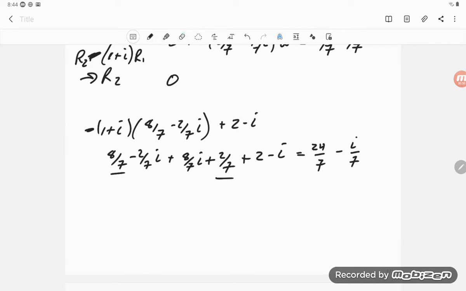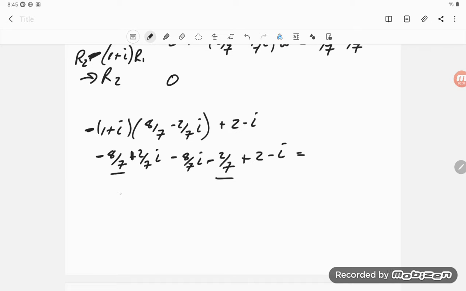So let me erase that part and get my negative on there. So sorry about that. So that's a negative, that's a positive. That's a negative, and that's a negative. Okay, much better, I think.